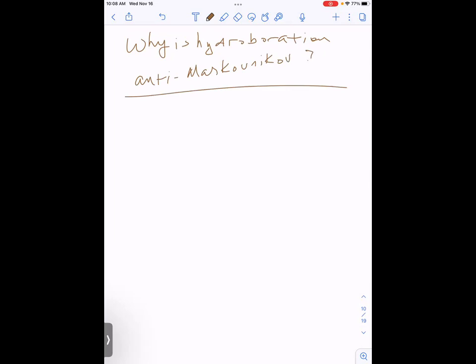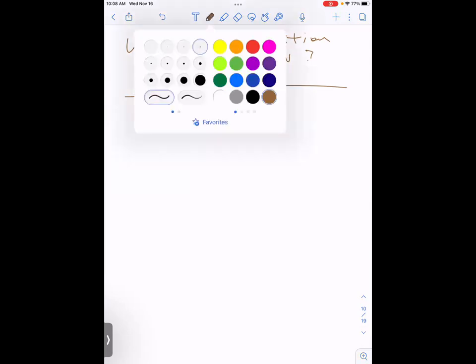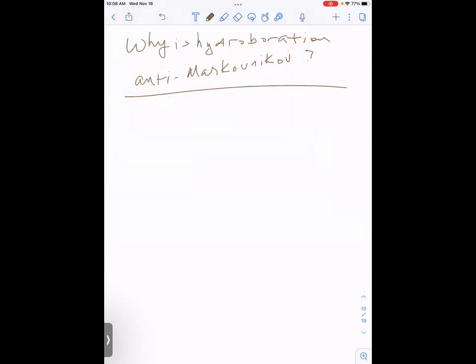So let's talk about first, why is it anti-Markovnikov, right? And is everybody okay with that terminology when I talk about Markovnikov and anti-Markovnikov? Let's say we have an unsymmetrical alkene like this, and we're going to add water to it, right?